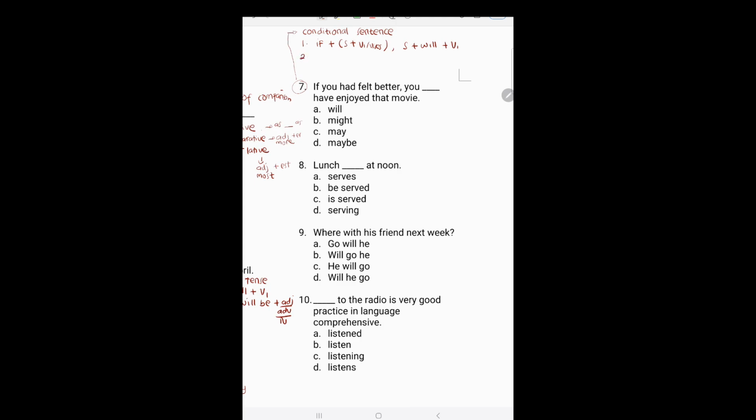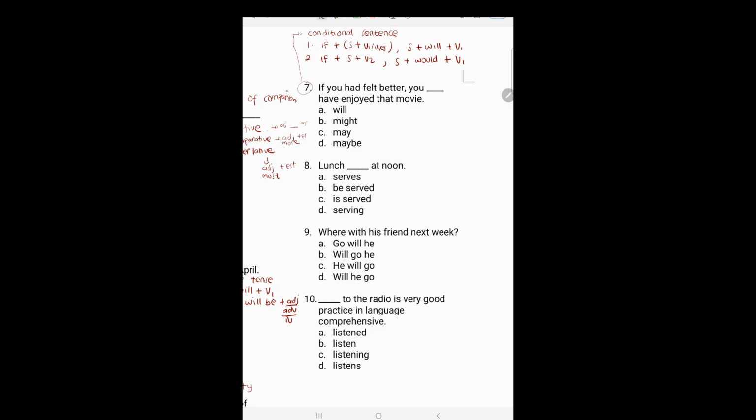Type 2: if plus simple past, or subject plus verb 2, with a subject plus would plus verb 1.